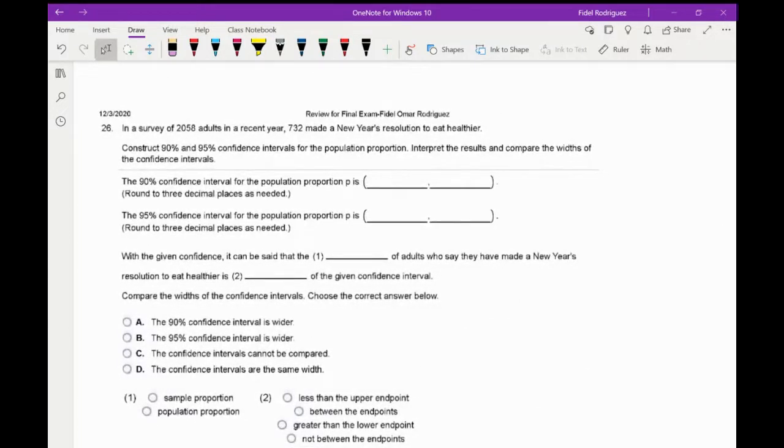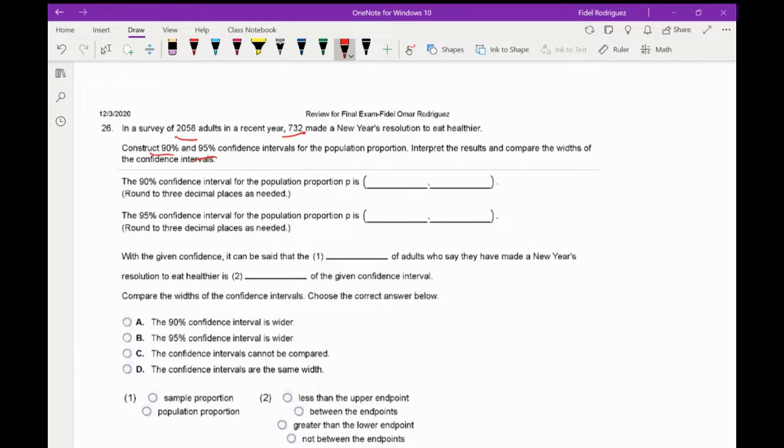Okay, so 26, and we did one very similar to this right now. And actually, Laura, this is a good question because this is actually doing the whole confidence interval business. It says in a survey of 2,058 adults, 732 made a New Year's resolution to eat healthier. Construct 90 and 95% confidence intervals.